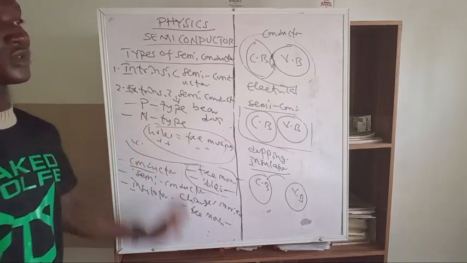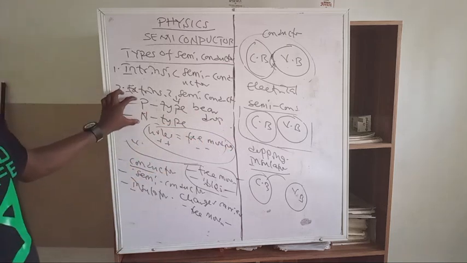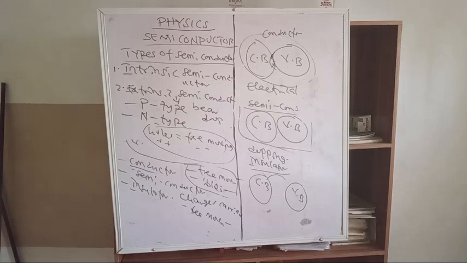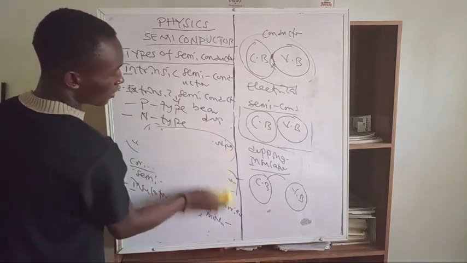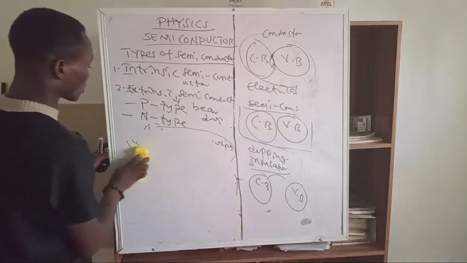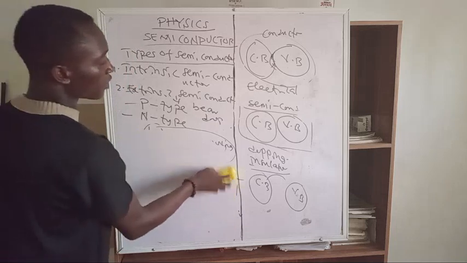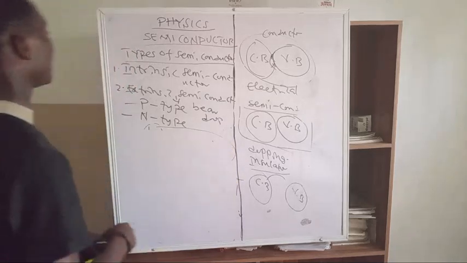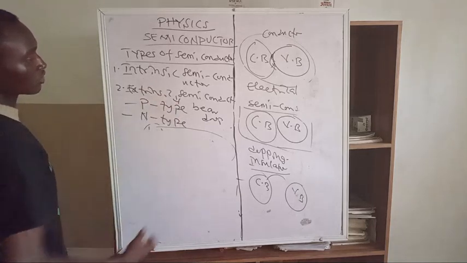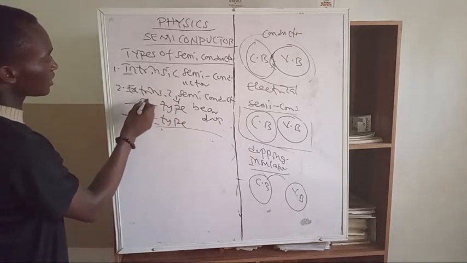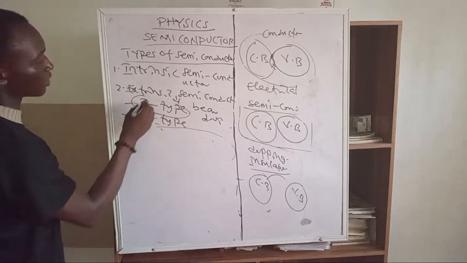And when the two types of extrinsic semiconductor are joined together, it is by a device called a diode. We call it a junction diode. That is what we use in joining the two types of extrinsic semiconductor together. So intrinsic semiconductor has equal numbers of positive holes and free moving electrons, while extrinsic semiconductor has a dopant in order to increase its conductivity, and it's divided into P type and N type.